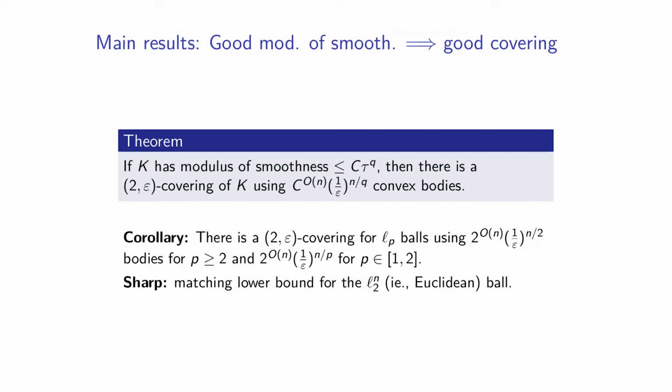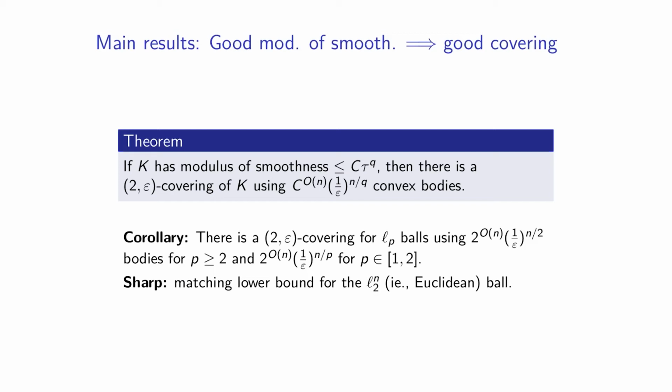So you get 1 over epsilon to the n half. You have a covering of the ball, not by 1 over epsilon to the n pieces, but by 1 over epsilon to the n half pieces. And that's the big thing here.